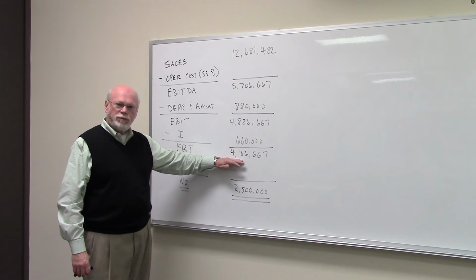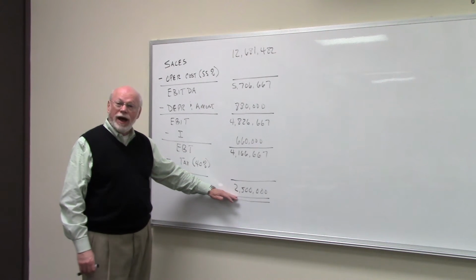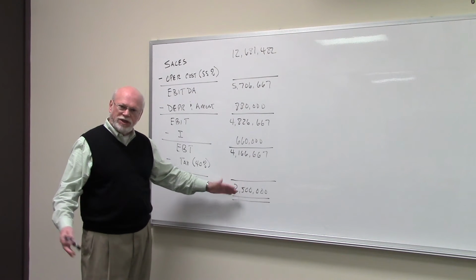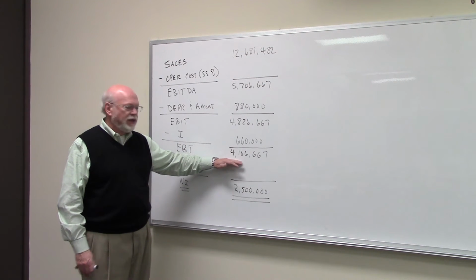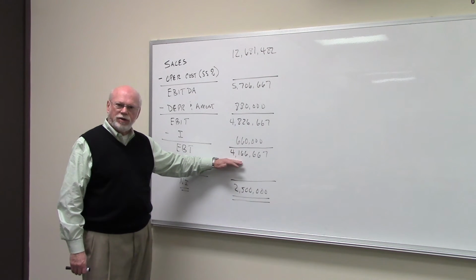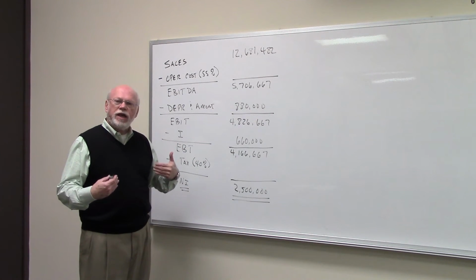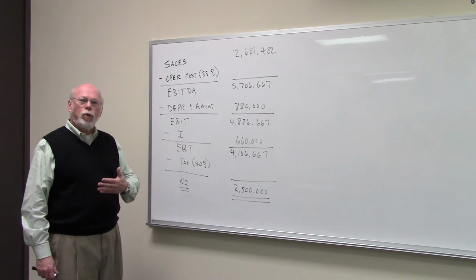So if we want earnings before taxes, we take net income and divide that by 1 minus the tax rate, 1 minus 0.40, which is 0.6, and that gives us $4,166,667.